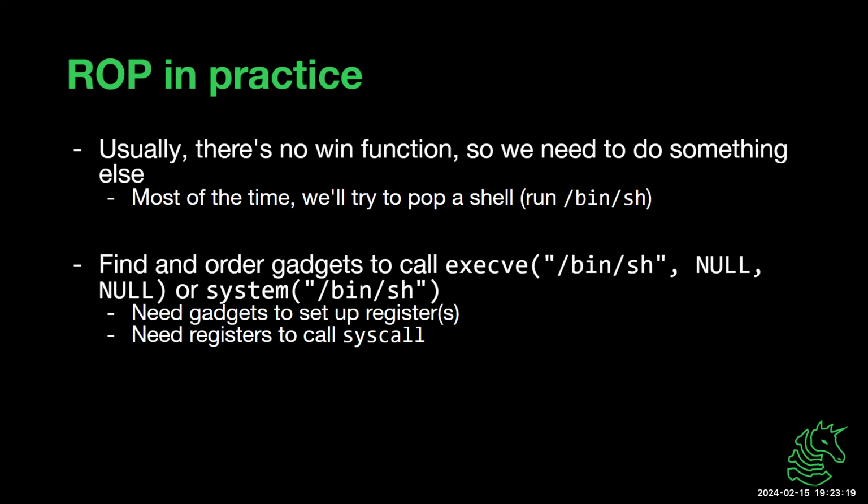This is just a syscall, so you can set up the registers the way I explained on the previous slide, using pop gadgets, and then use a syscall gadget to call execve. If you can set the arguments properly, you'll pop a shell.